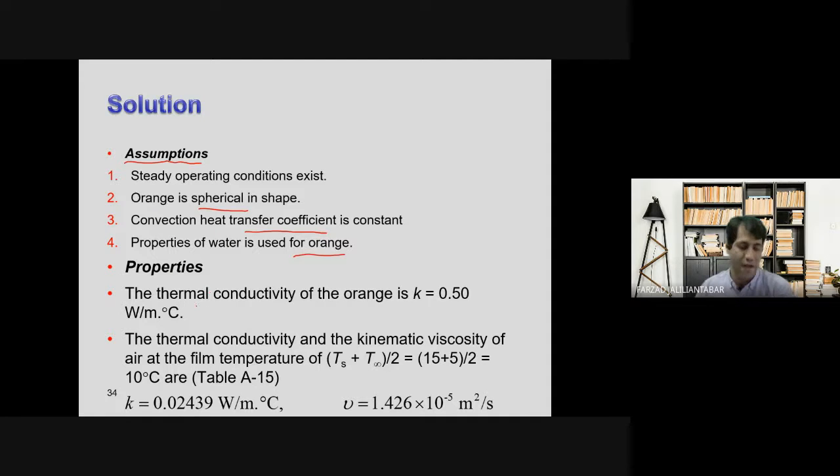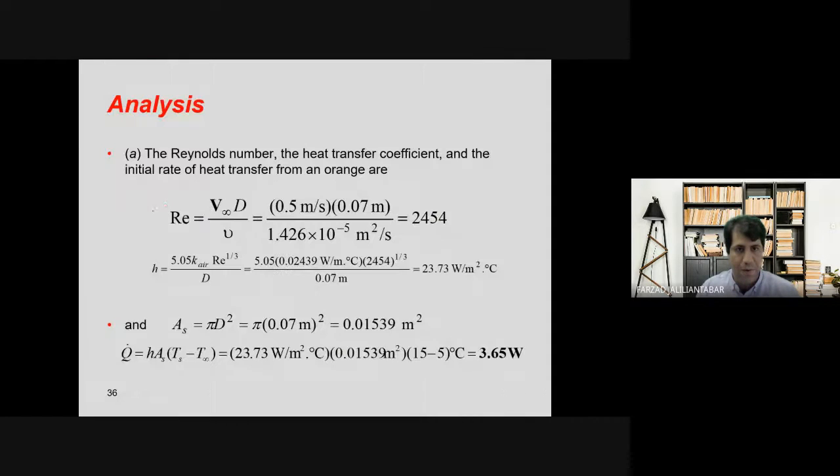So to find the answer for part A, to find this Q dot, we need some information like h, As, Ts, T infinity. Ts and T infinity we have. As we can calculate like this: As equals pi D squared. We have a sphere, we have D or diameter. If we substitute, we can calculate As. How about h?